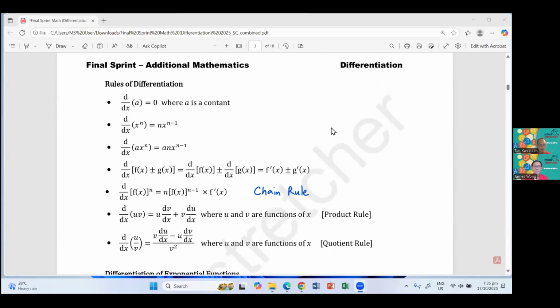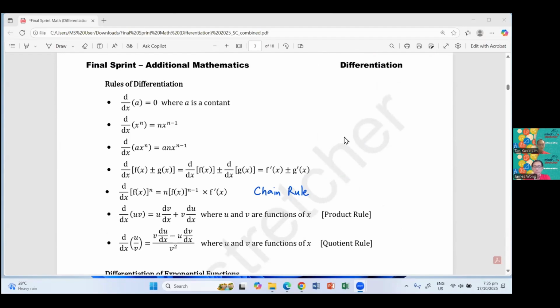All right, so let's get started. This is the first part which we will be going through. Fundamentally, we need to know all the different rules and the way to differentiate when we do differentiation. How do we actually solve it and so on.